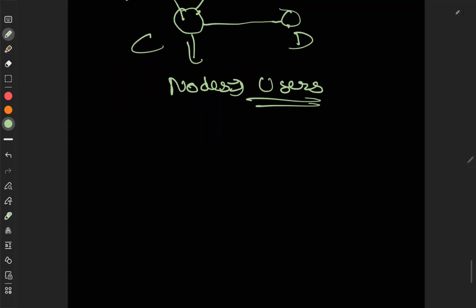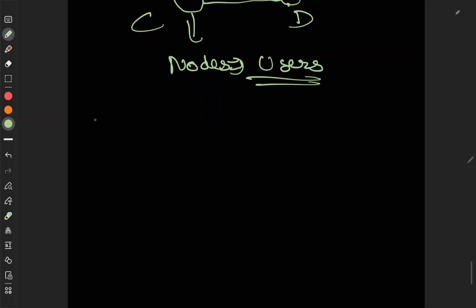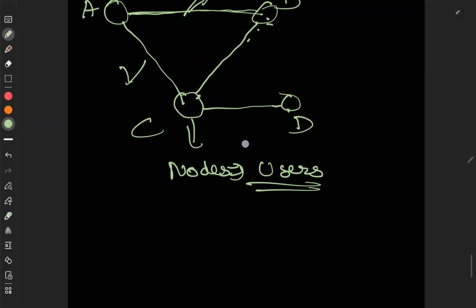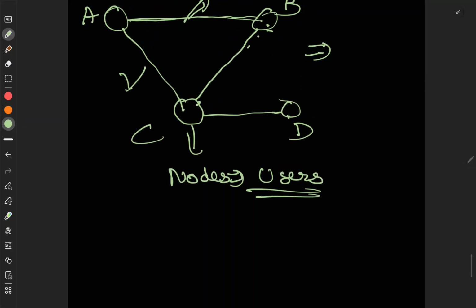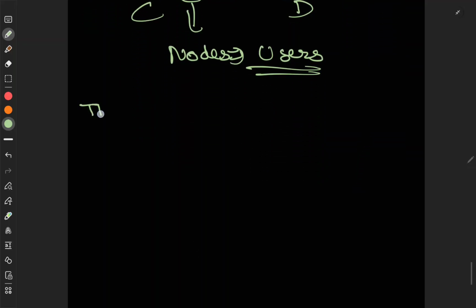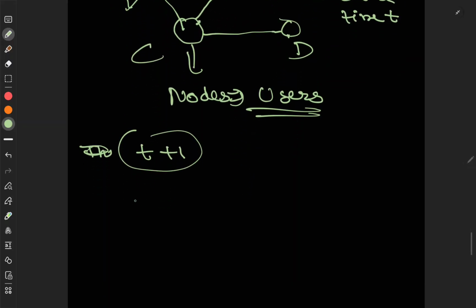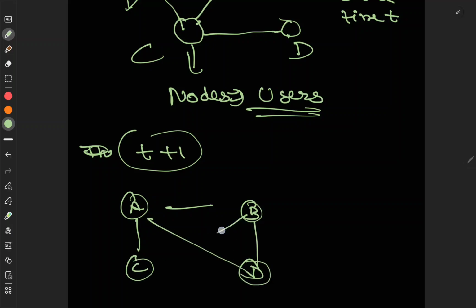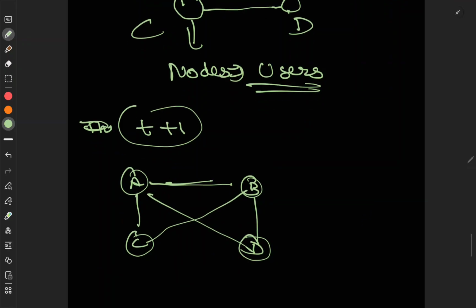See, the thing is that, let's say this is at a particular time t. And let's say at time t plus 1, the graph becomes this: A, B, C, D, B, C. Now what does this mean?